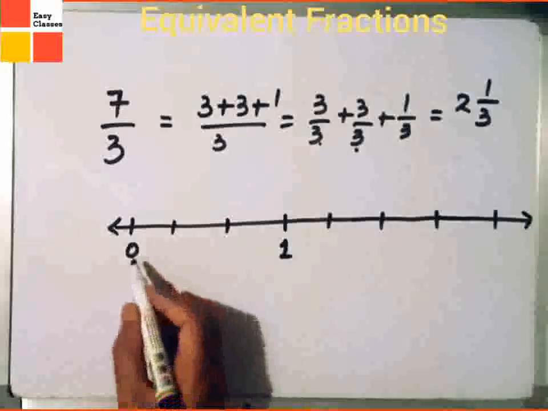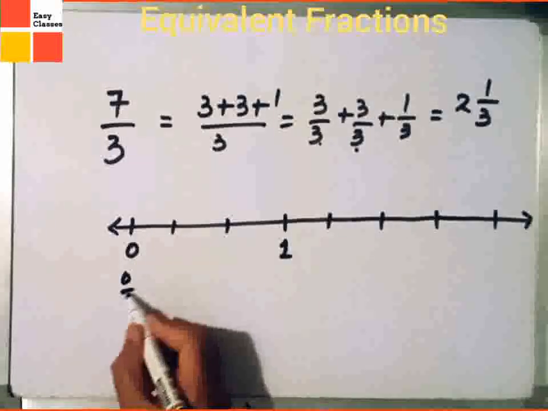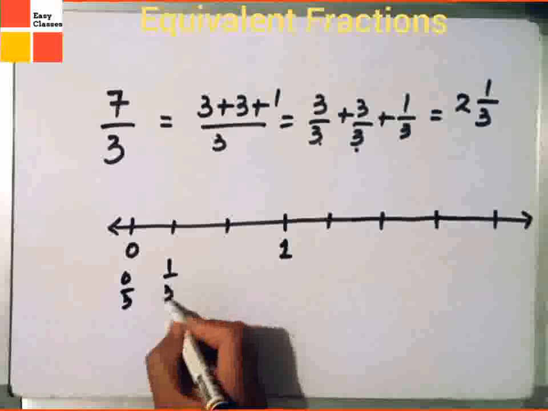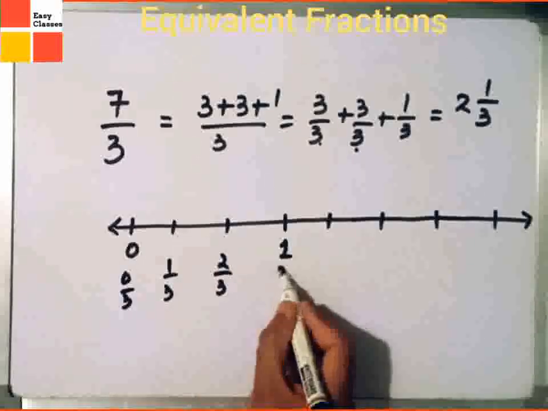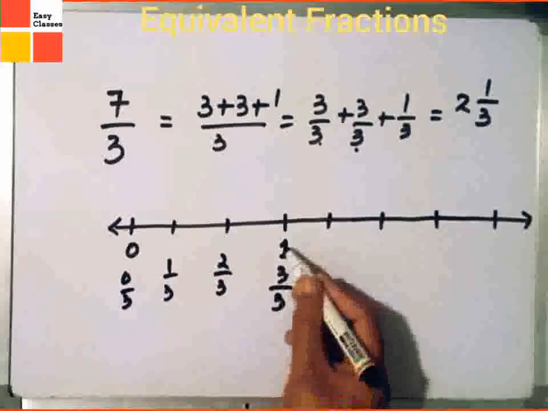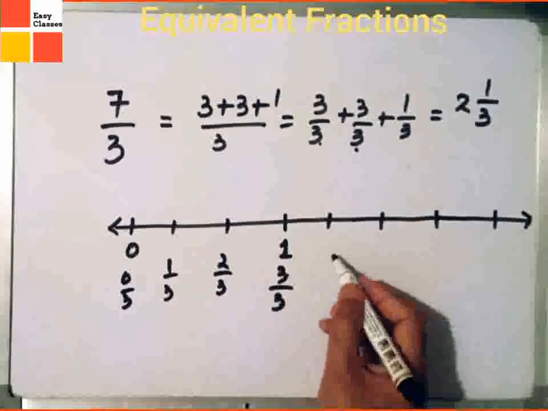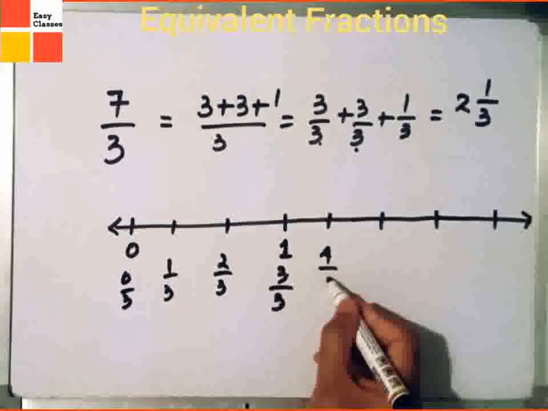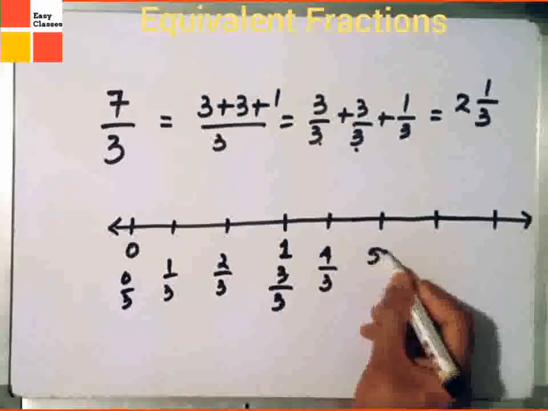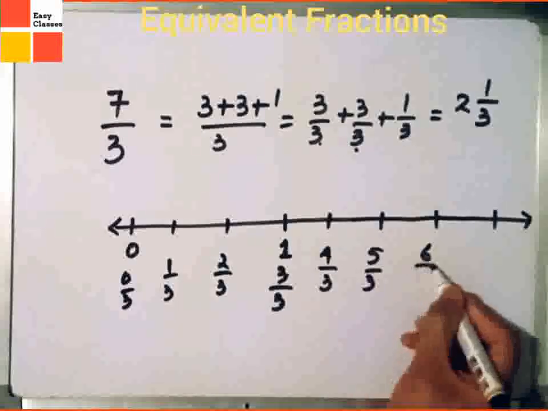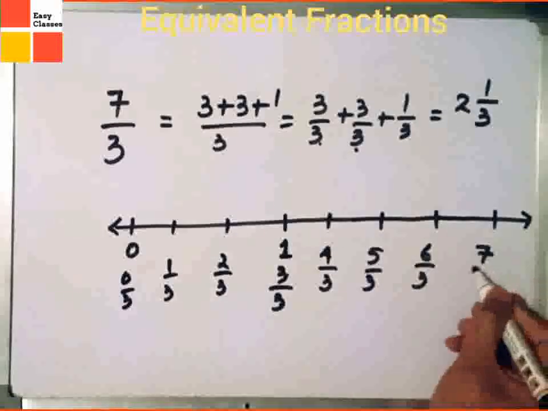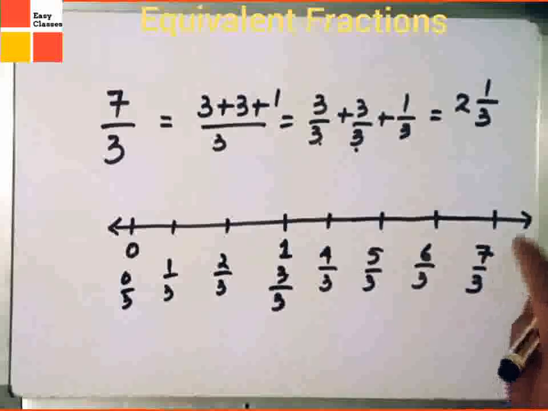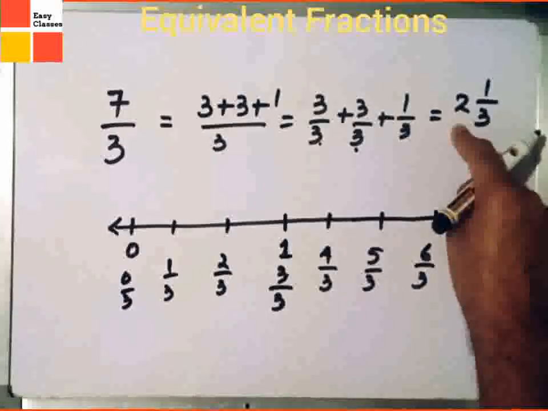So this will be 0 by 3, this will be 1 by 3, 2 by 3, and this will be 3 by 3. The numerator and denominator are the same, which is equal to 1 whole. This will be 4 by 3, this will be 5 by 3, this will be 6 by 3, this will be 7 by 3.